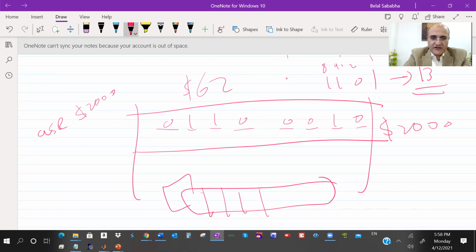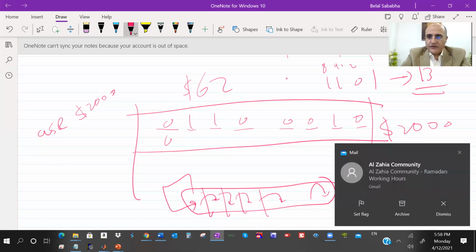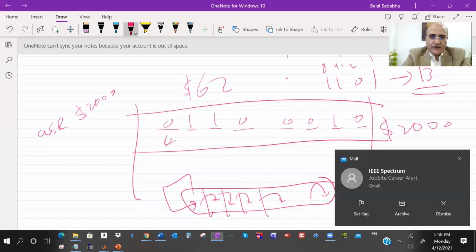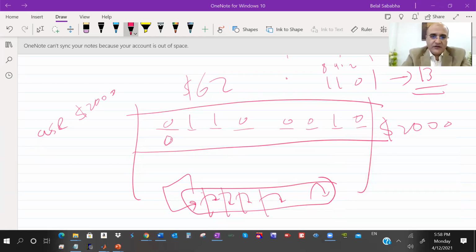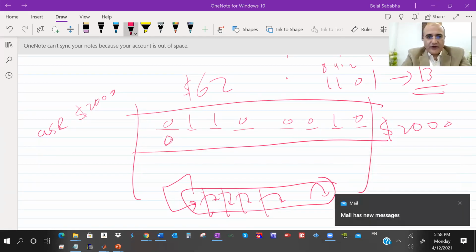This bit stays as is, and then copied here. This is copied here. This is copied here until we get to the end, right? So this will be a 0, stays as is. Then you shift here to the right. This comes here. The 1 comes here. The 1 comes here.